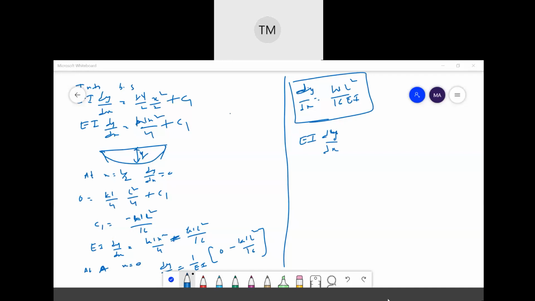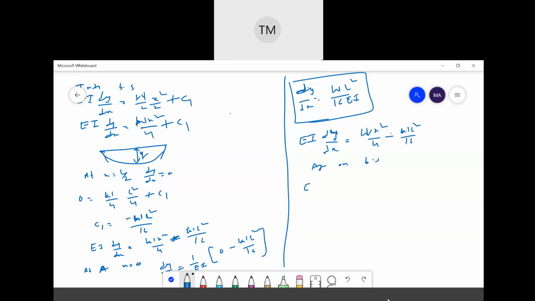Is it clear? Anybody has any doubt? EI dy by dx is equal to Wx square by 4 minus WL square by 16. Okay, again I am integrating on both sides.